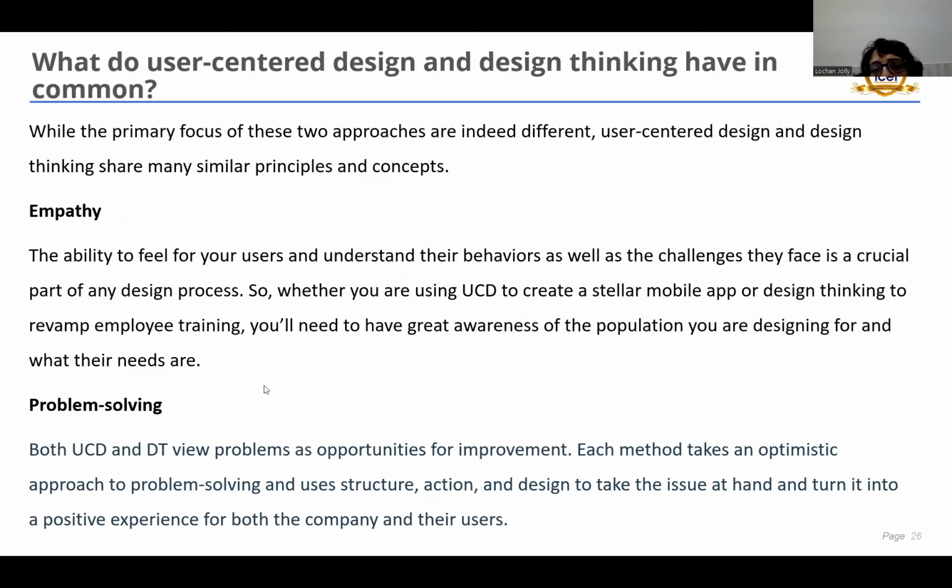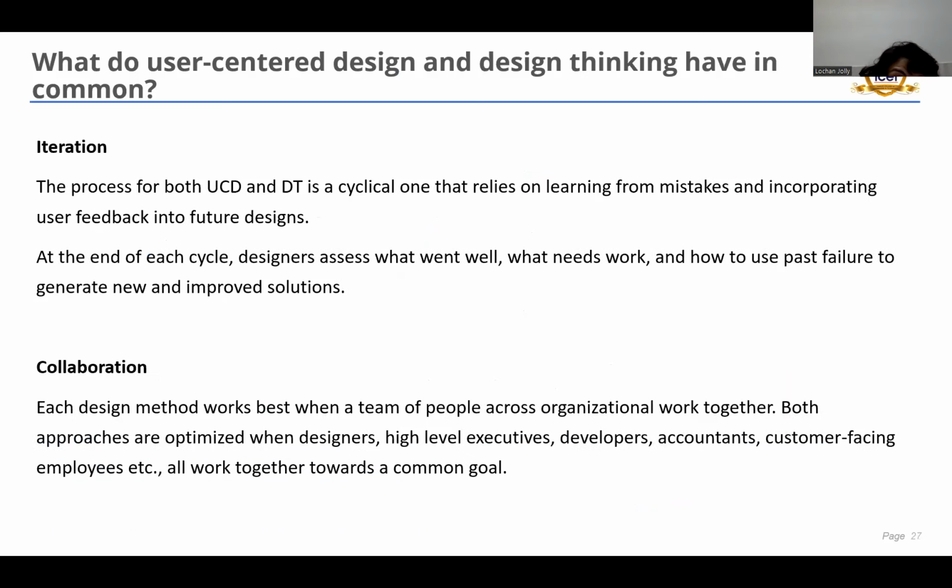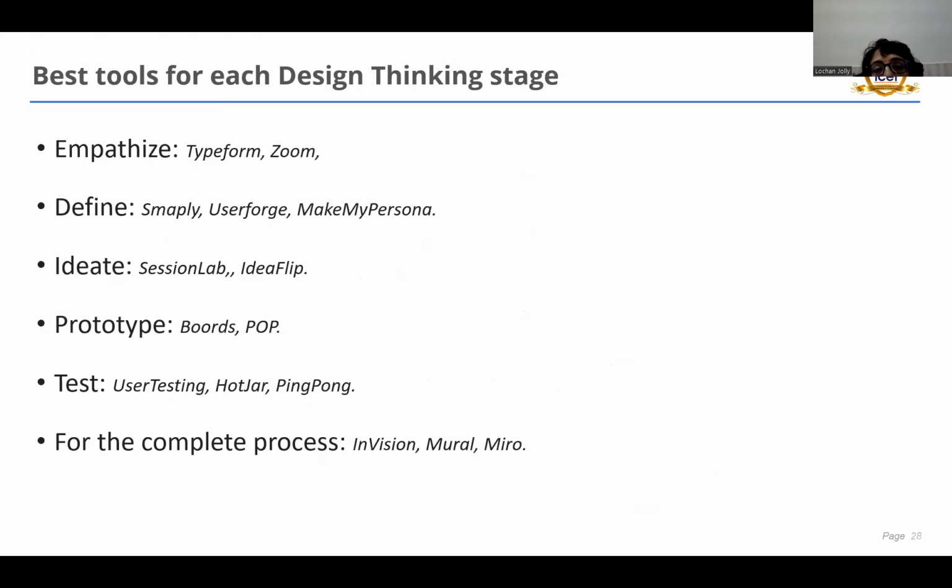So what do user-centered and design thinking have in common? As I already showed you, empathy, problem solving, iteration, and collaboration. We have already seen some of the tools that you use for design thinking. For empathy, we have seen the survey forms and interviews that could be done in an online medium or offline also. For define, we have already seen make my persona.